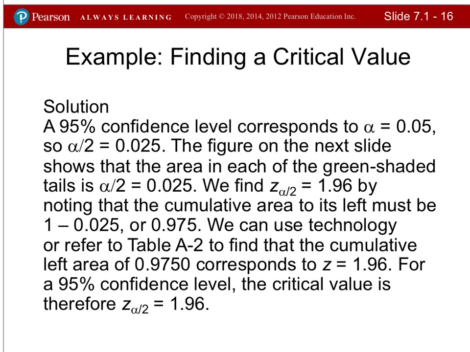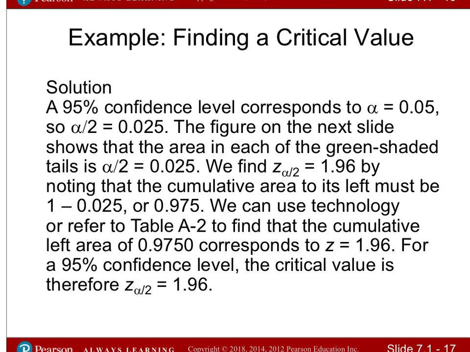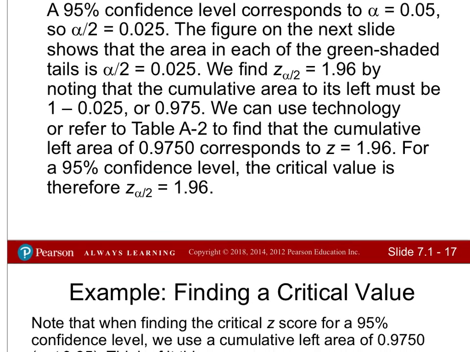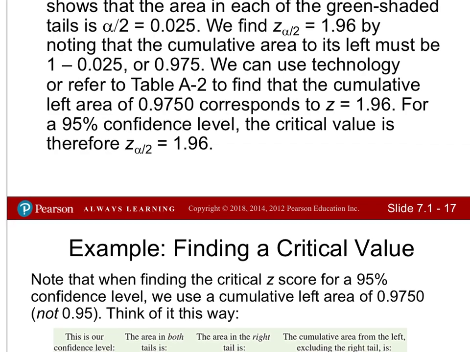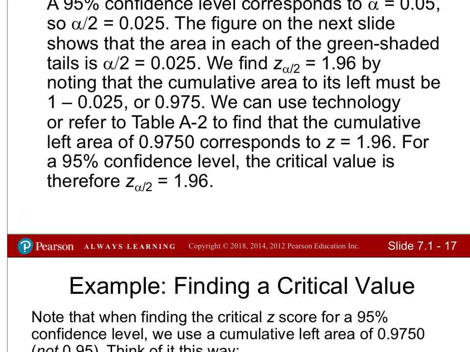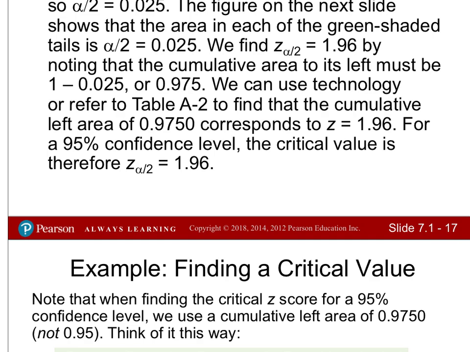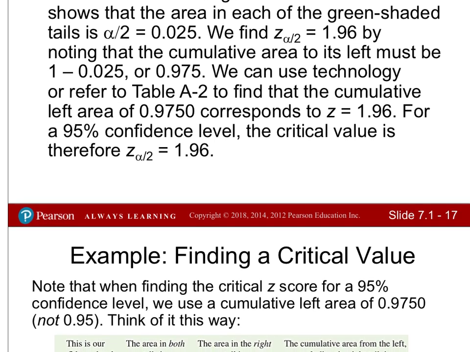So let's see them do this. A 95% confidence level corresponds to alpha equals 0.05. So alpha over 2 equals 0.025. That's the area in each tail. This picture in the next slide shows the area in which each of the green shaded tails is 0.025. We find that the z that creates the borders of these areas is 1.96.